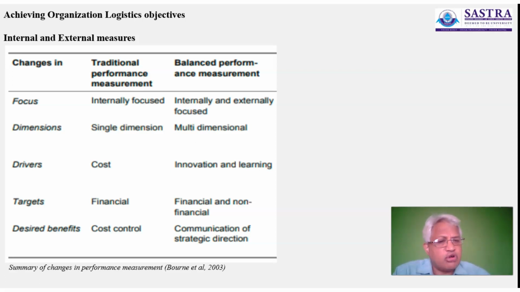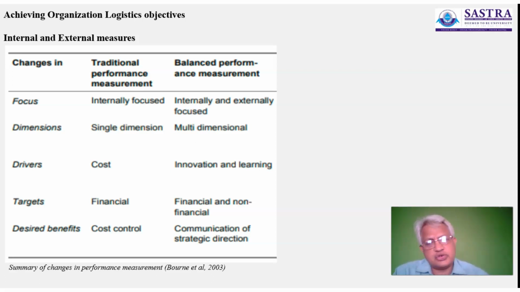Obviously, since cost was the only element that was looked into, it had a single dimension. And what was the aim of the company in looking into this driver, that is cost? Obviously it is financial.